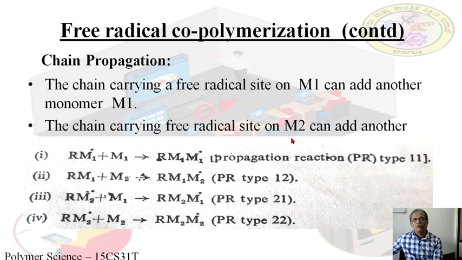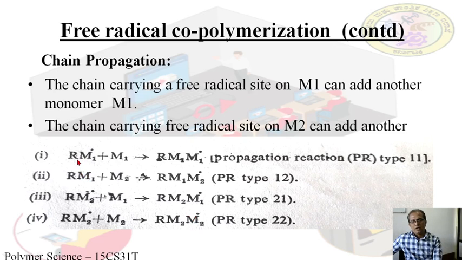Now, how does the propagation take place? Chain propagation proceeds as given here. Now, the free radical sites present over M1 and M2 are given in a different manner.